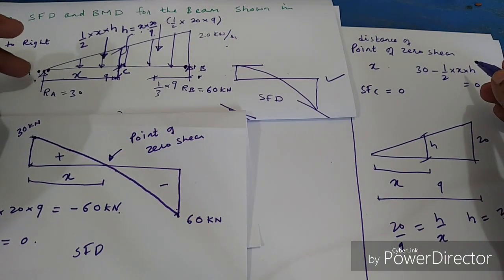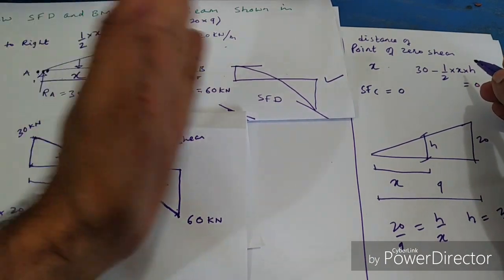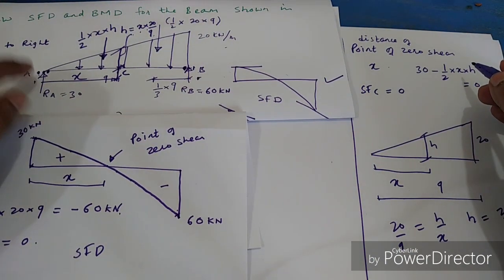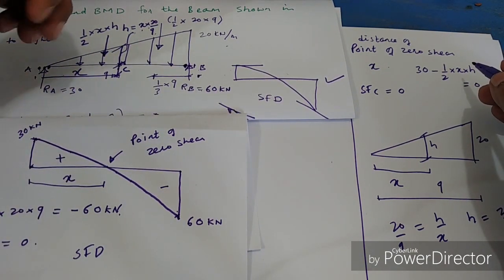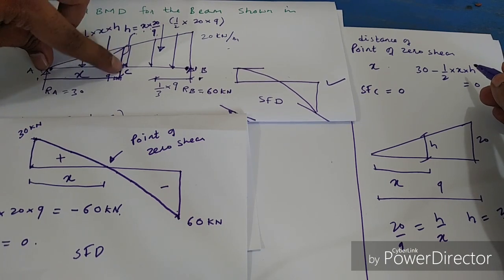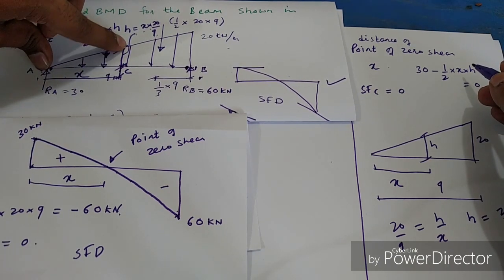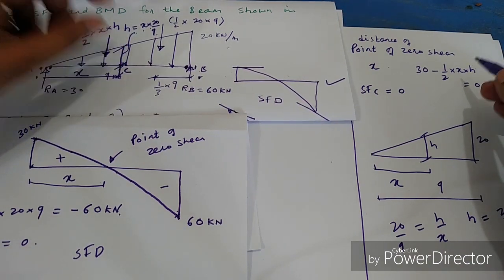All the forces we need to consider between A and C. We don't have to go beyond C. Between A and C you have RA, and you have this portion of UVL. Only this portion of UVL you need to consider, which is having x width and height small h.